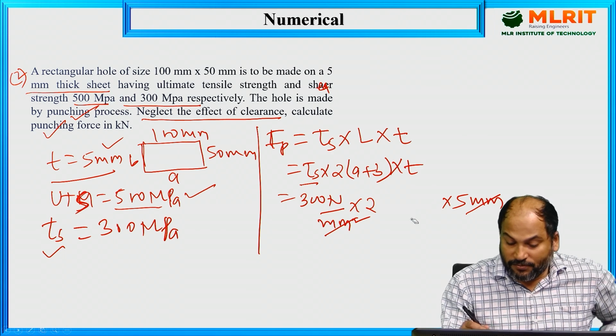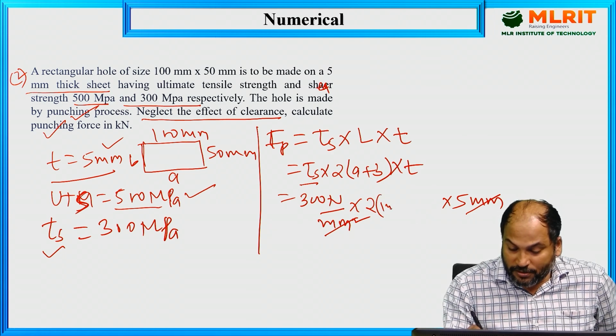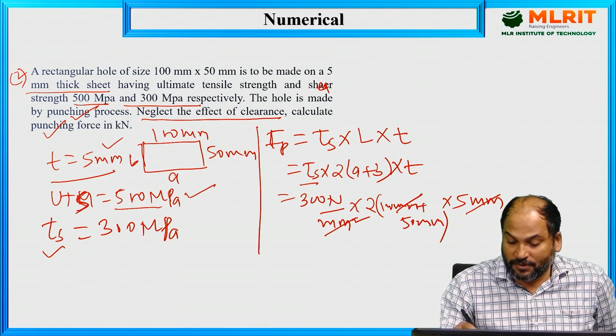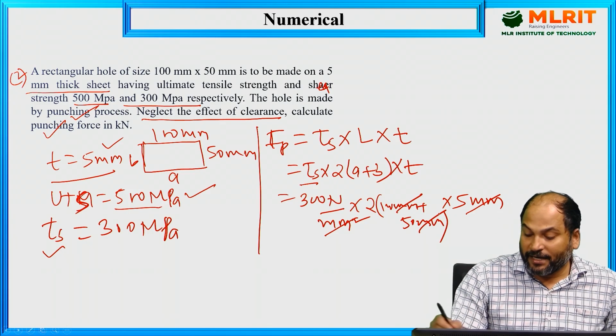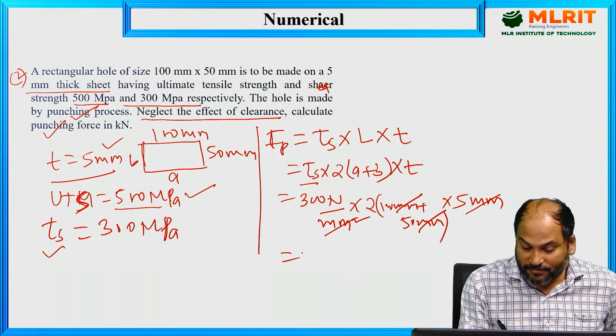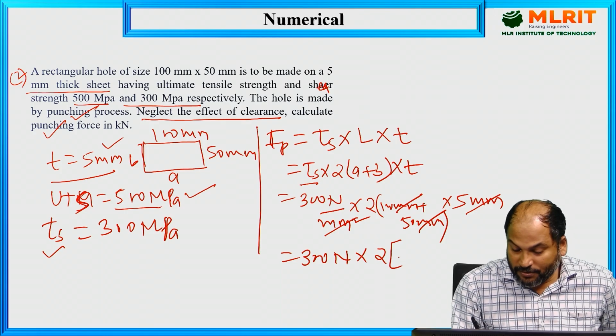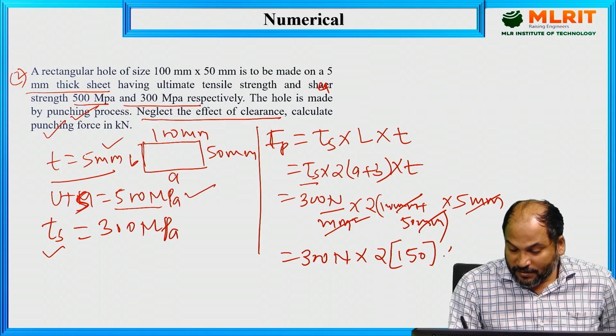Let me write the units also: 100 mm plus 50 mm, into 5 mm. So finally it will come out to 300 Newton into 2 into 150 into 5.